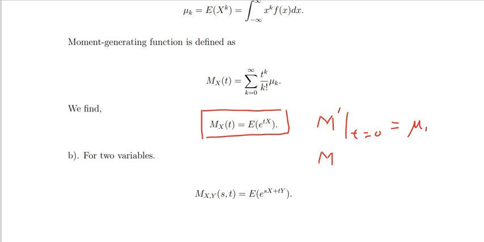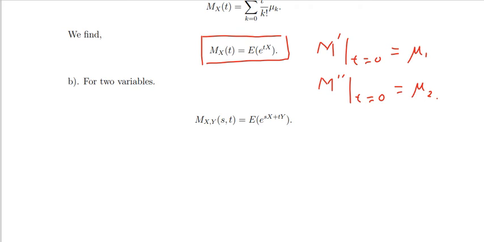The second derivative is the second moment. For two variables, the moment generating function definition is this.